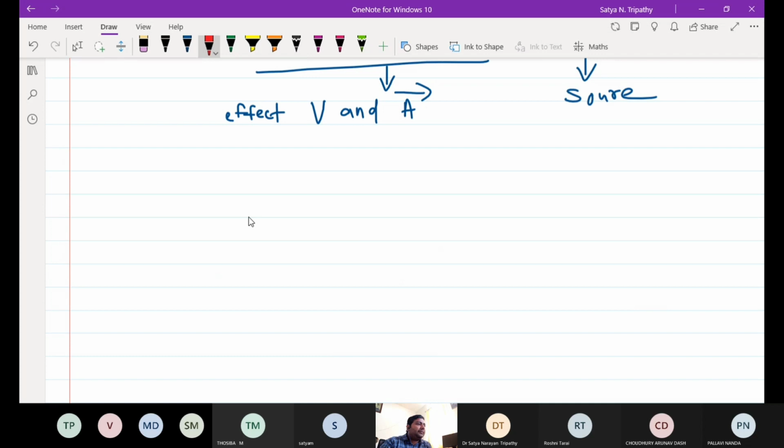Similarly, I'll apply another equation, that is del cross E. Del cross E is equal to minus dB by dt.